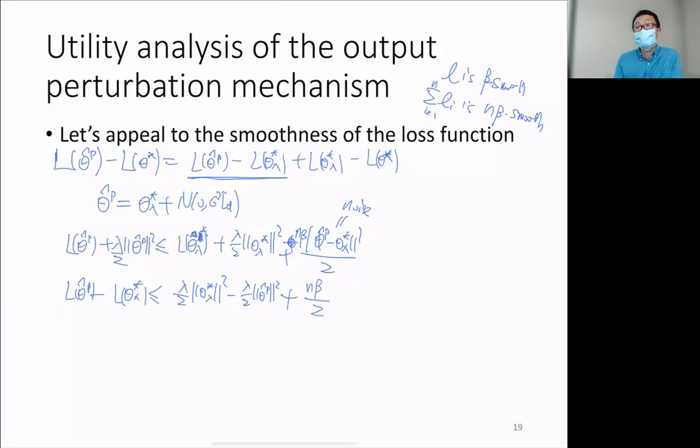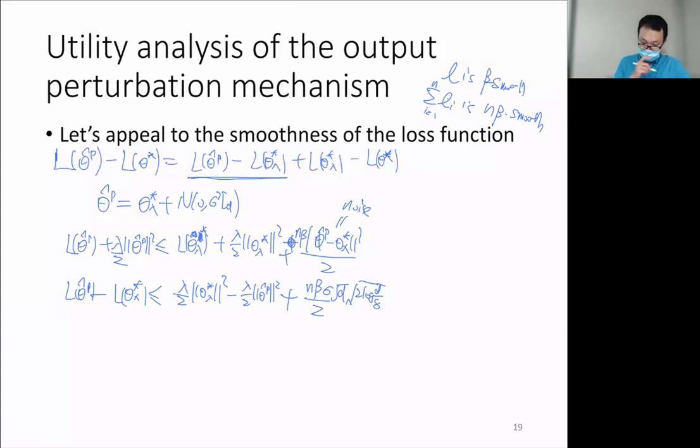Then we can provide a high probability bound of this Gaussian vector, which is proportional to square root of d, by simply the sub-Gaussian tail bound: square root of d sigma times square root of 2 log of d over delta. By bounding every individual component and then taking a union bound over the d coordinates, this is the term that you can get.